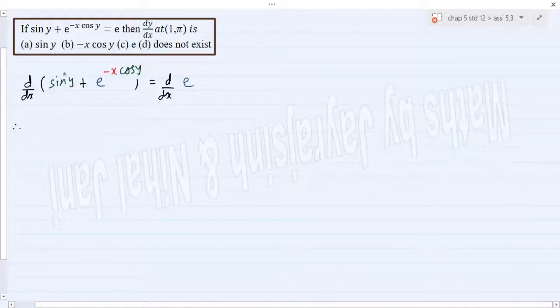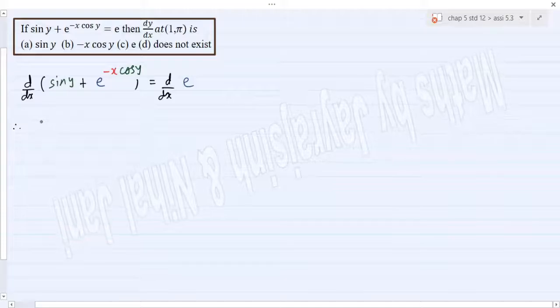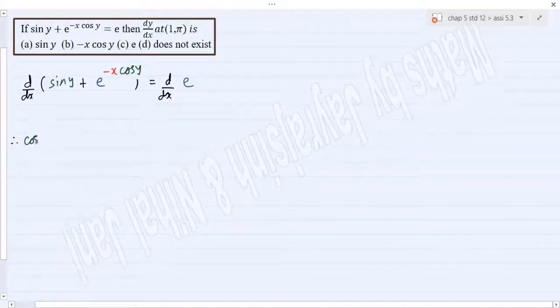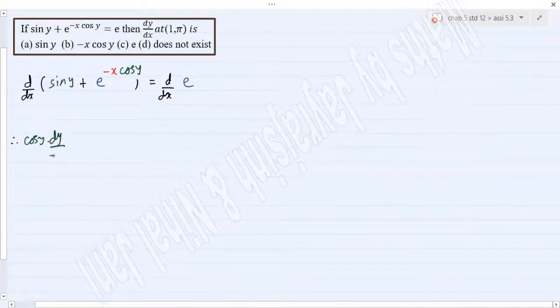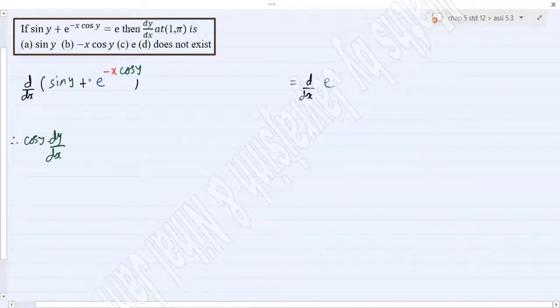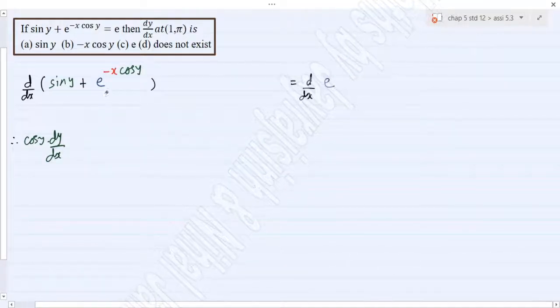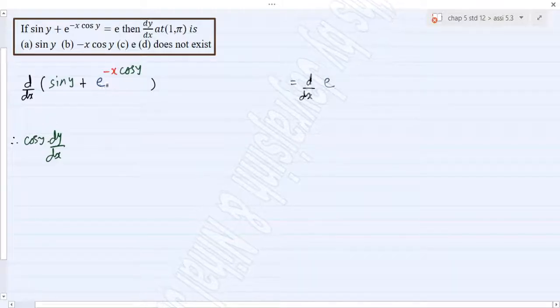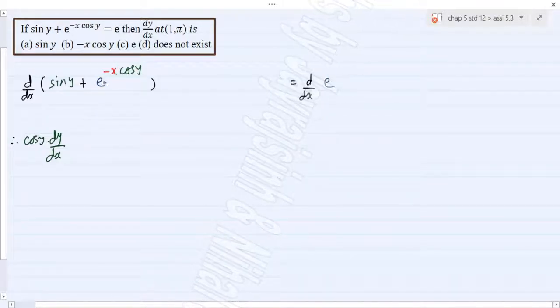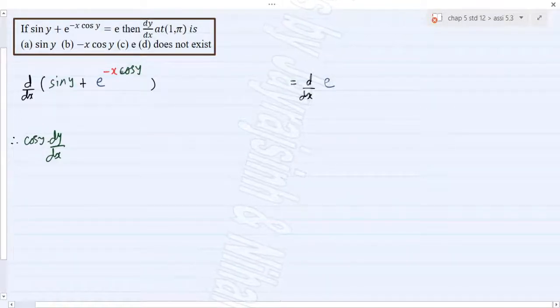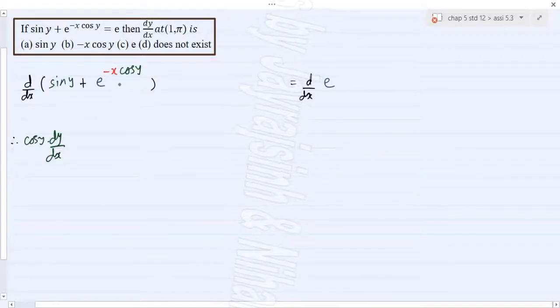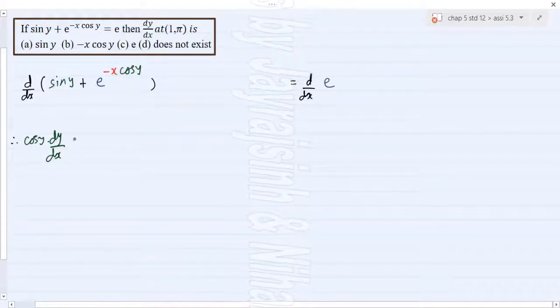On the left side, differentiation of sin y will be cos y dy by dx. Now, to differentiate the second term, which is e raised to minus x cos y, you have to apply the chain rule. E raised to is your outer function and minus x cos y is your inner function. So let's consider a box around it.